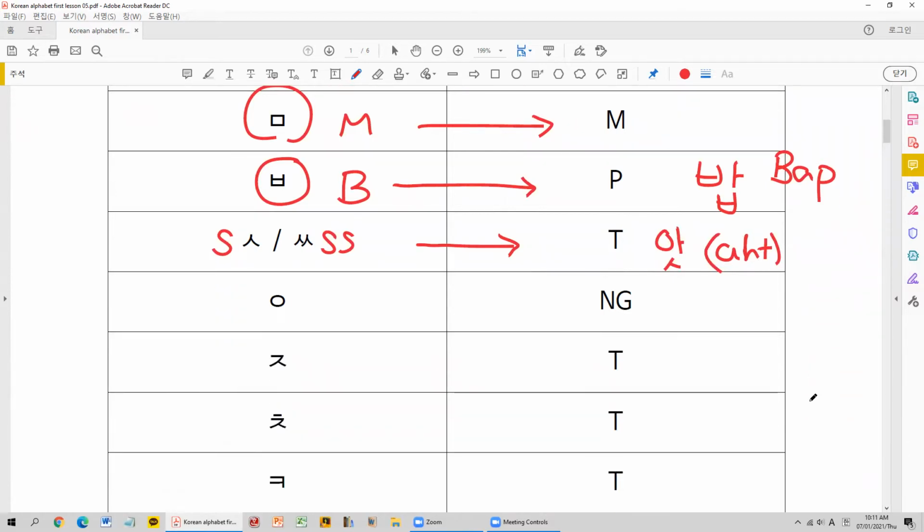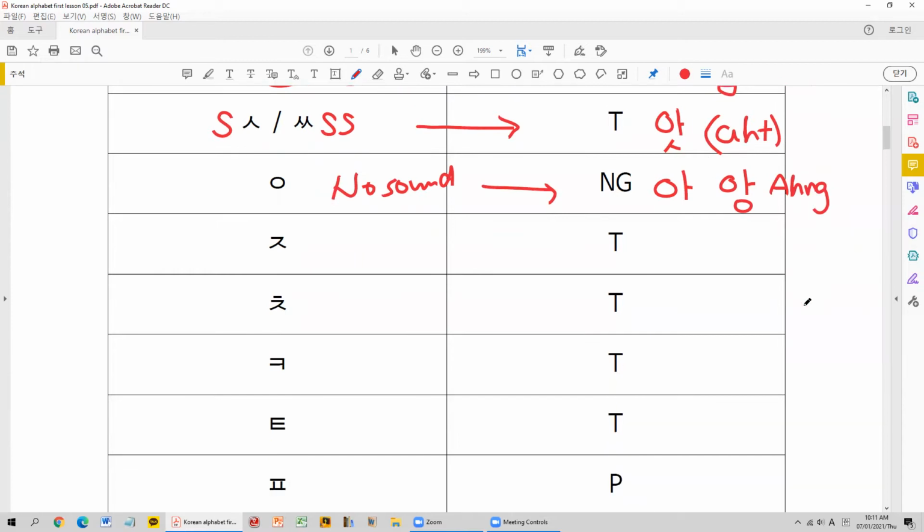And the circle usually has no sound, but when it is used as a final consonant, this is an NG sound. So this is R, but if we have R and NG, it's ang.